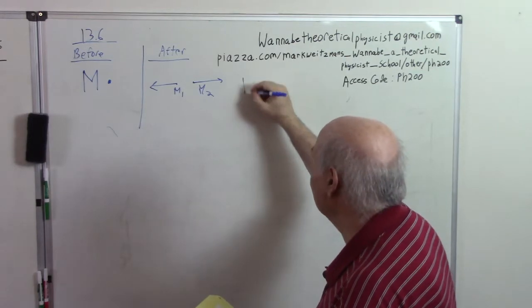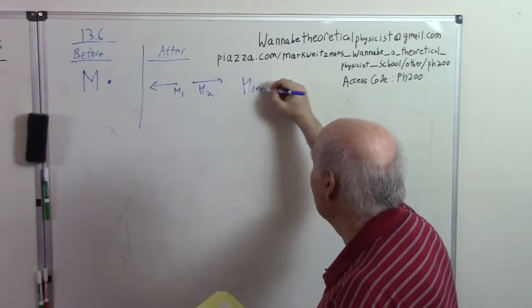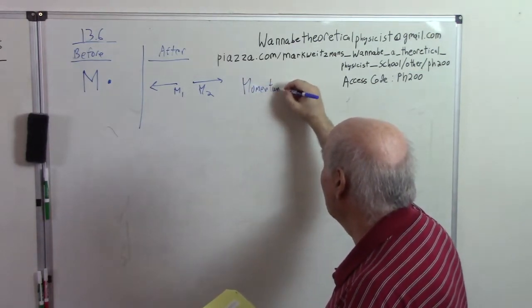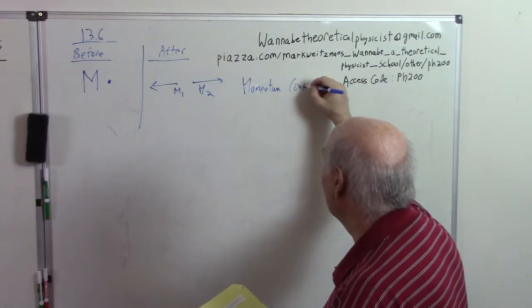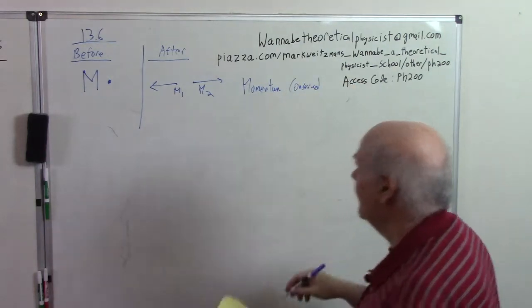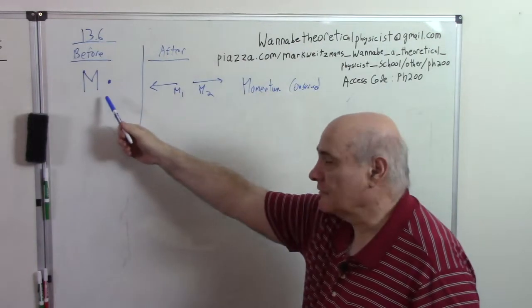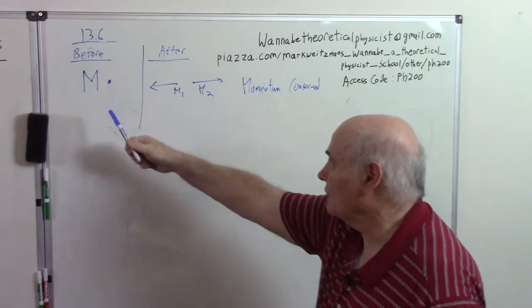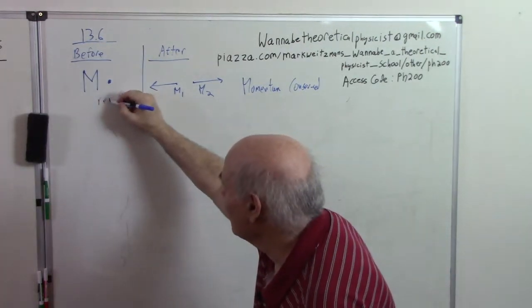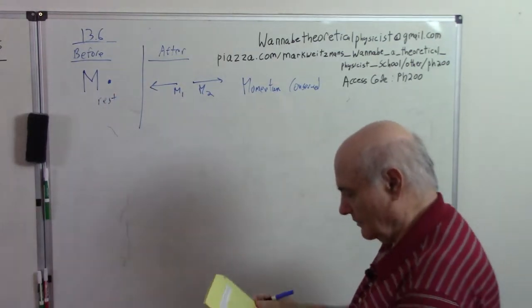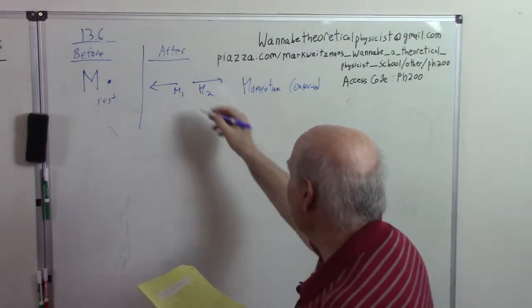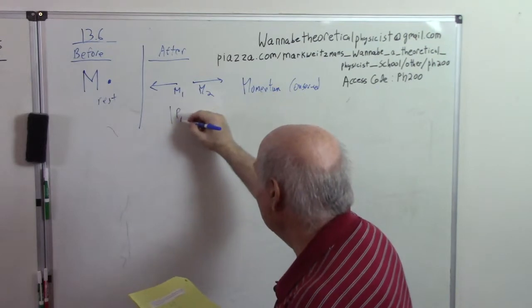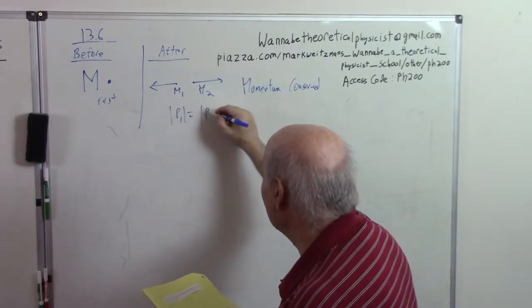We know that momentum is conserved. So the momentum before was 0 because the particle was at rest. So we're going to get that the magnitude of P1 is equal to the magnitude of P2.